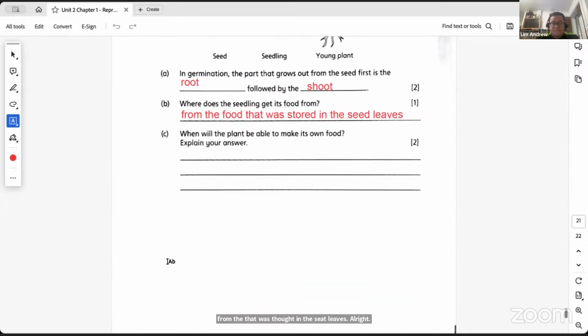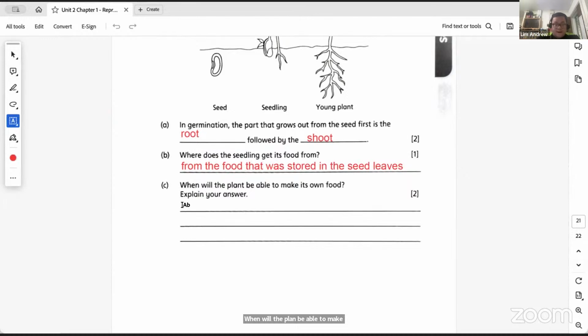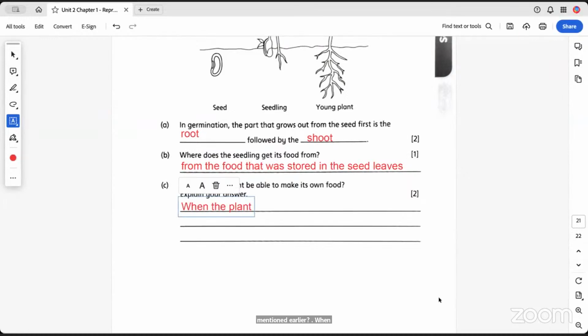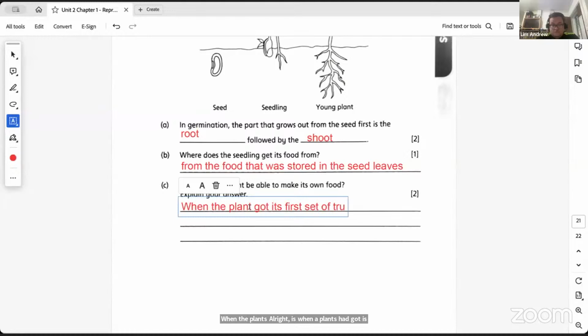When will the plant be able to make its own food? Well, as mentioned earlier, when a plant has got its first set of true leaves, then it will be able to make food for the plant through the process called photosynthesis.